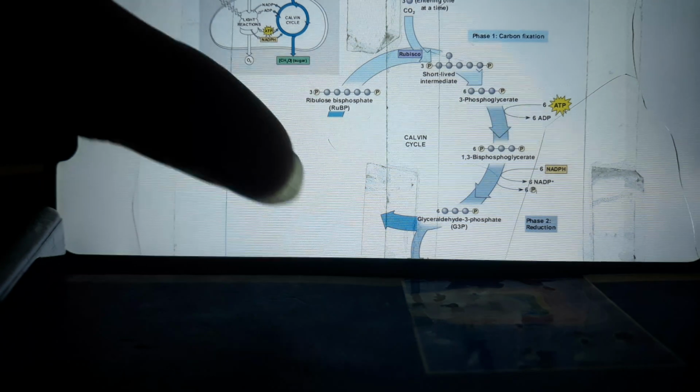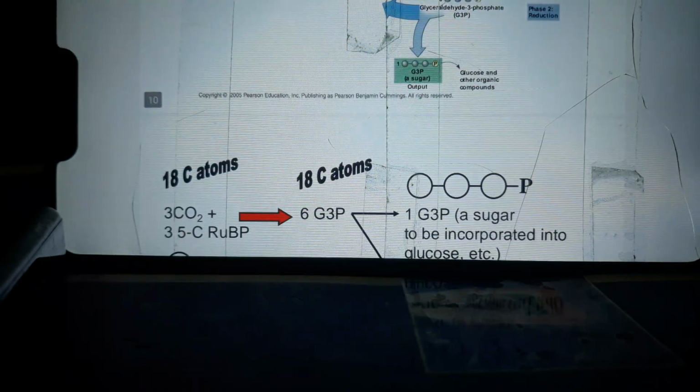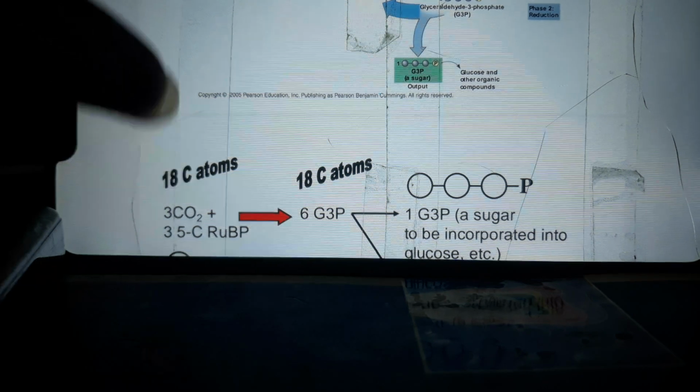You have 1,3-biphosphoglycerate, where 6 molecules of NADPH are converted to 6 NADP plus 6 Pi. And you have glyceraldehyde 3-phosphate, G3P, which is in the phase 2 reduction, to have a G3P sugar, glucose, and other organic compounds, which is the output, right?